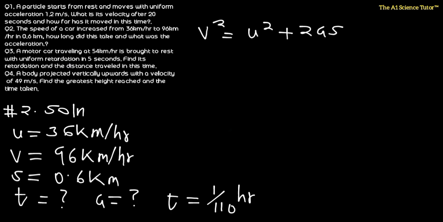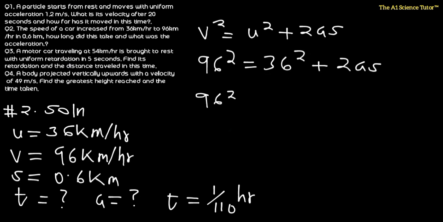So that is going to be v squared. Now v squared, what is v? V is 96. So we have 96 squared, and here we have 36 squared, and this is plus 2as, right? So this is actually going to go to the other side. So this is 96 squared minus 36 squared, and this is equal to 2as.